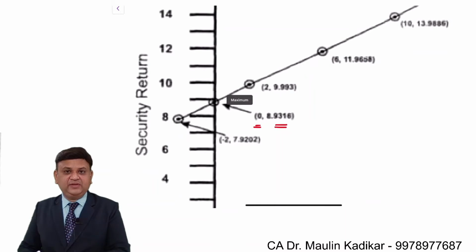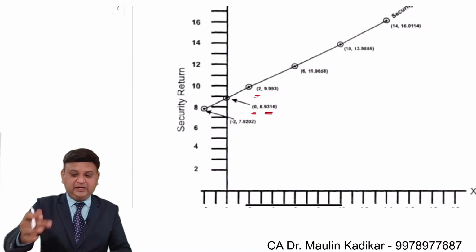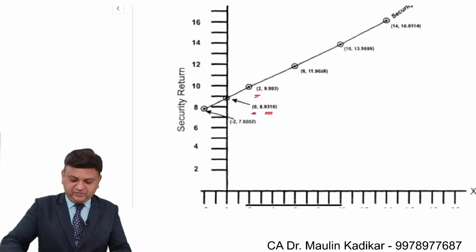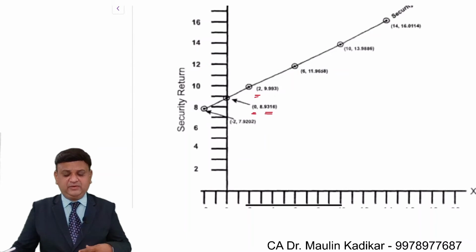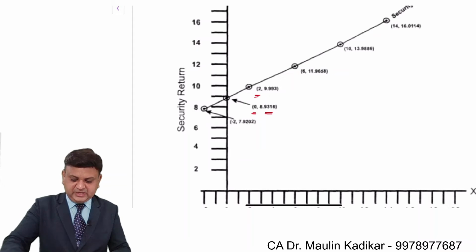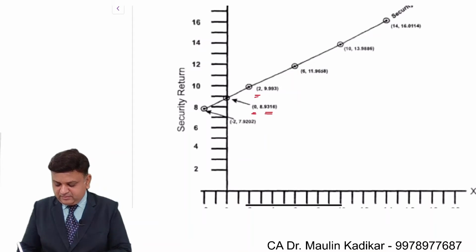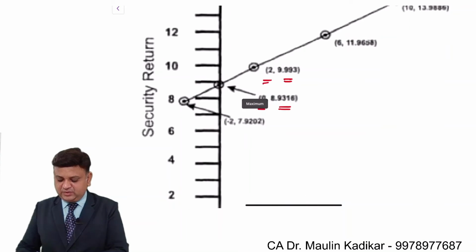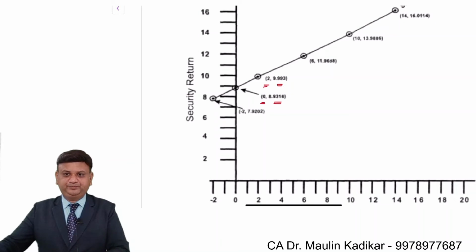When the return on the market portfolio is 2%, kindly use your calculator: 2 into 0.5057, that is 1.0114, plus 8.9316, so it is 9.943. Due to some approximation, there is a difference over here.